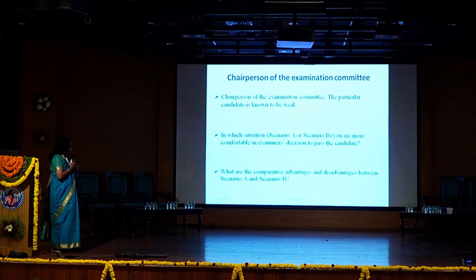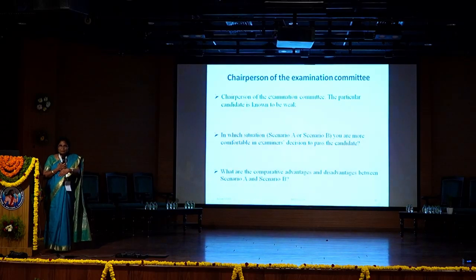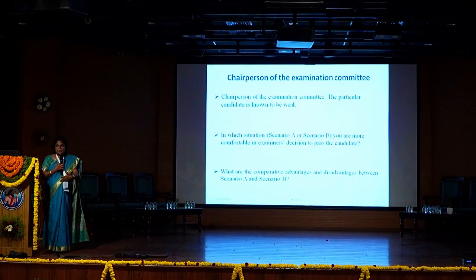But at the same time, when you see scenario B, there are multiple cases, multiple domains. So even if the student wasn't good in one, they may be good in the other. Maybe in rheumatoid arthritis, stroke or asthma, they will do well. So which one is better?